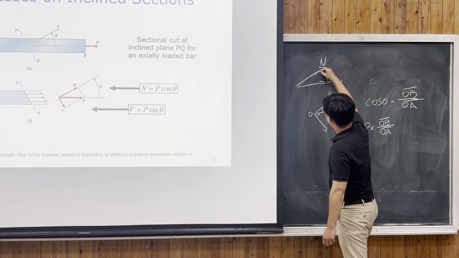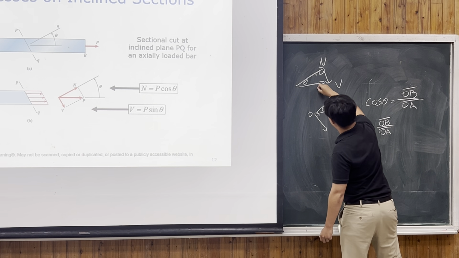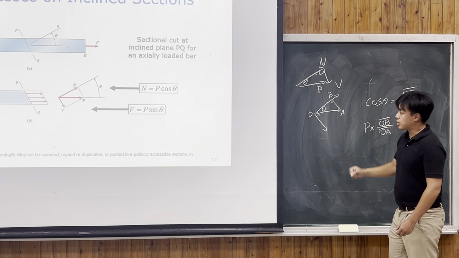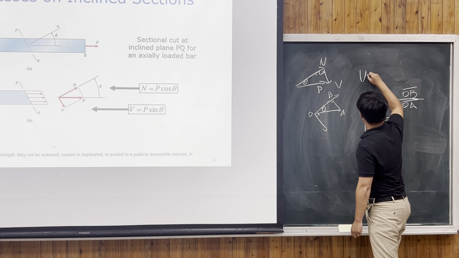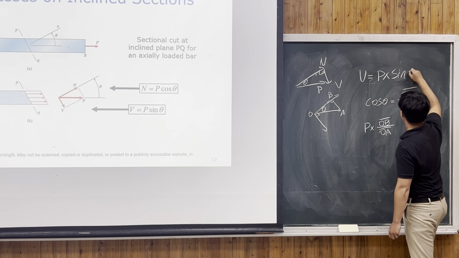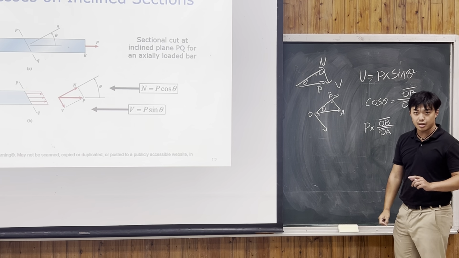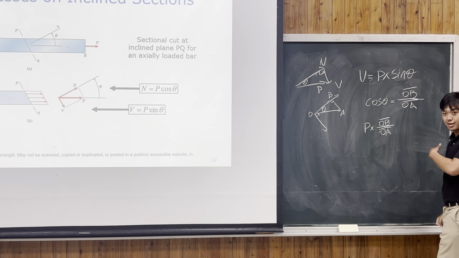So when this is perpendicular, this is theta, so V equals P times sine theta. Okay? You know what I'm saying?